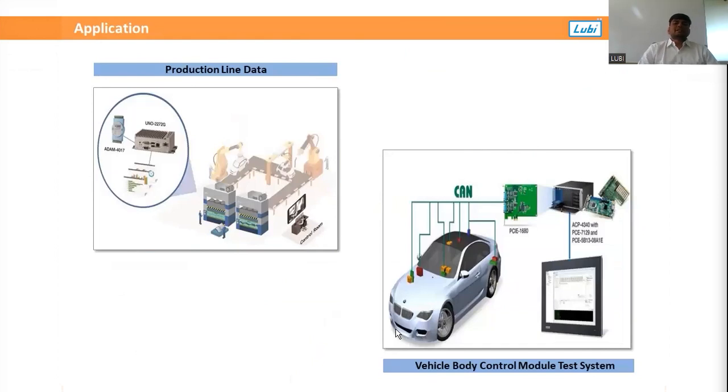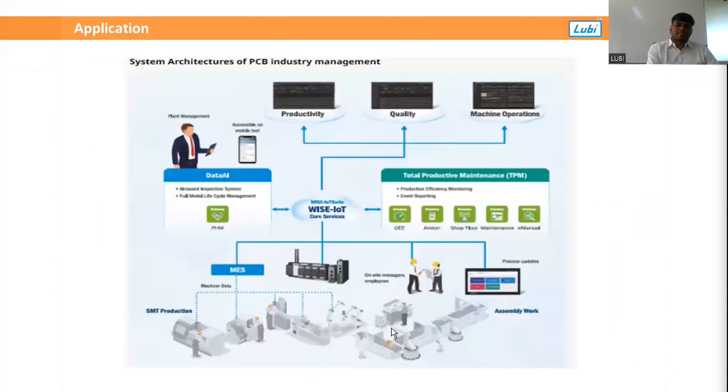In production line testing applications for IoT, our embedded PCs, remote IOs and SCADA software are used. For vehicle body testing applications, we use our CAN-based cards along with server-grade PCs and fanless touch PCs. For PCB manufacturing and IoT applications, we have used our wireless remote IO modules.